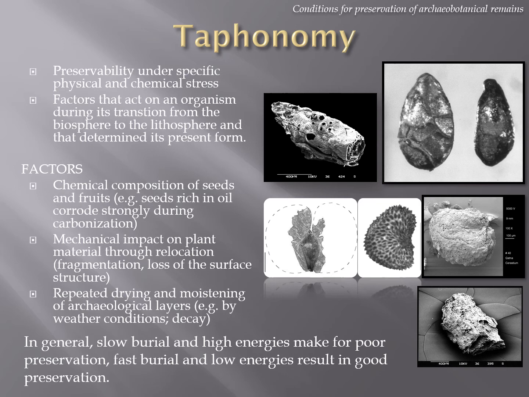But we can find rapid burial also in Neolithic lakeshore and mire settlements in the lowlands surrounding the Alps. The converse of the rapidity-energy correlation is also true. Slow burial and high energies make for poor preservation, and biological preservation is therefore likely to be minimal.